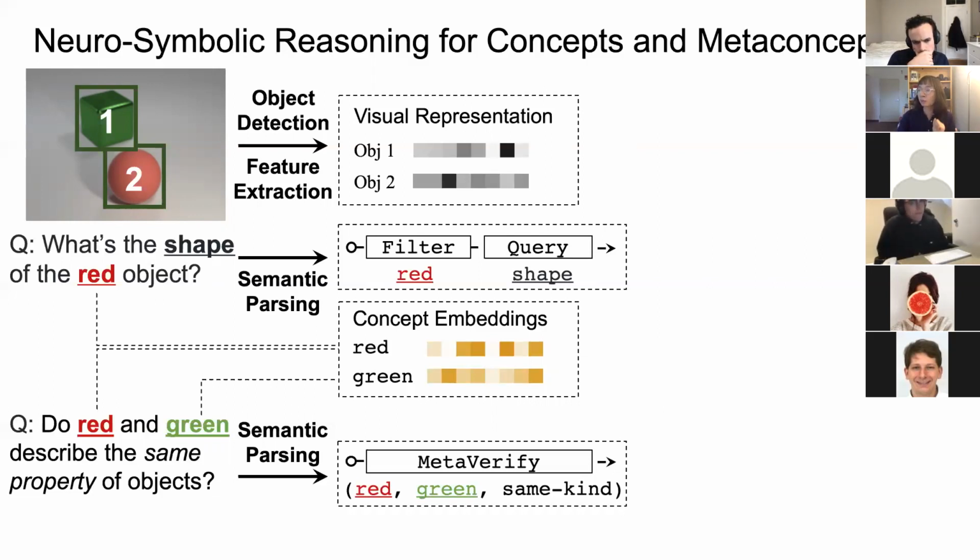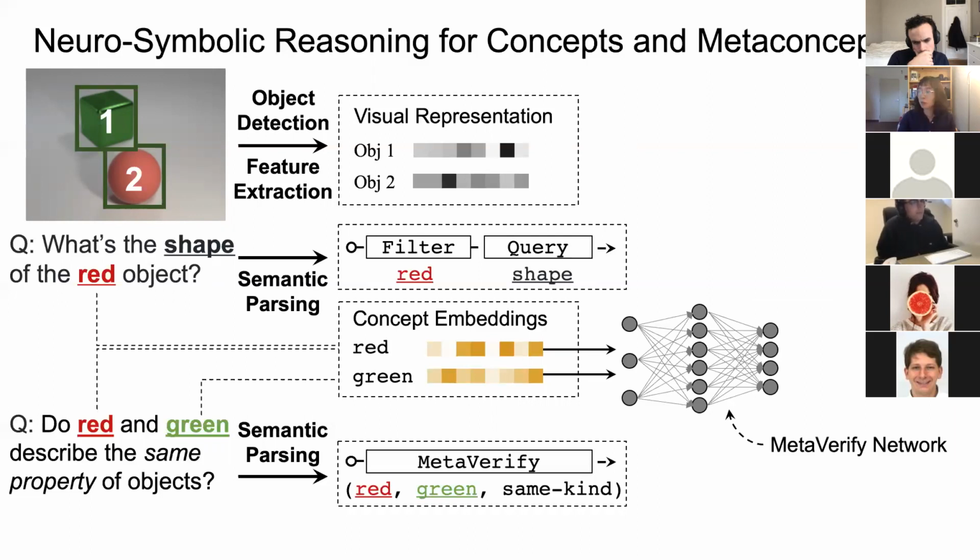Here, our implementation is very simple and straightforward. Basically, we use a small neural network, which takes the concept embedding of the word red and the concept embedding of the word green and classifies whether they have the same kind of relationship.